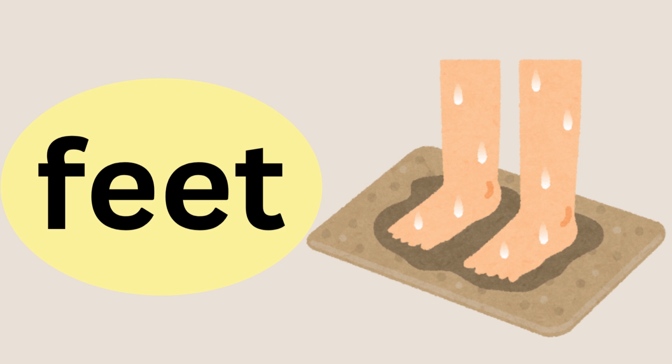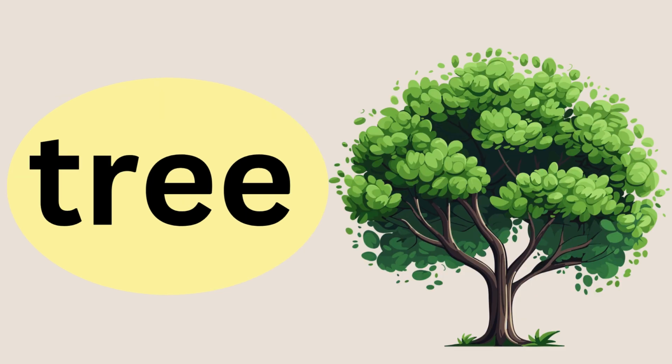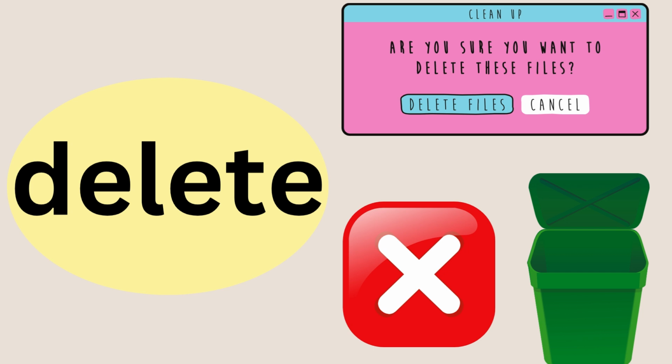Feet, we sound it out as feet. Long E says E. Queen, we sound it out as queen. Long E says E. Tree, we sound it out as tree. Long E says E. Delete, we sound it out as delete.